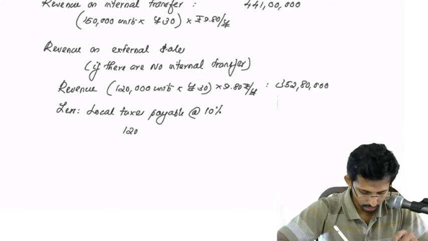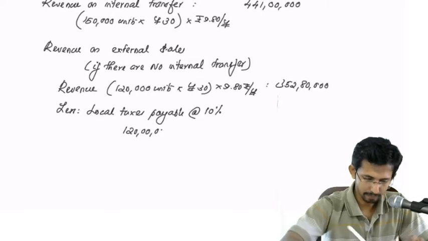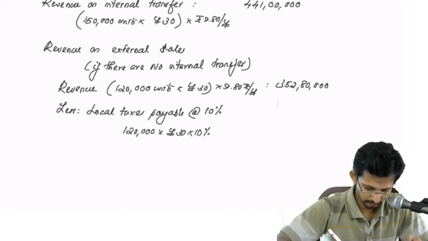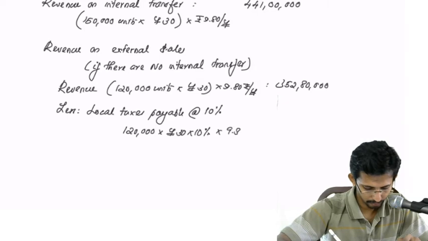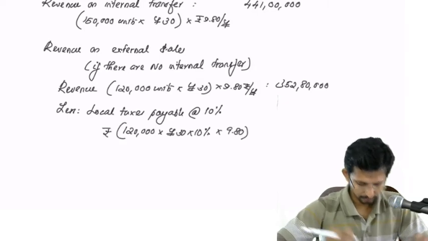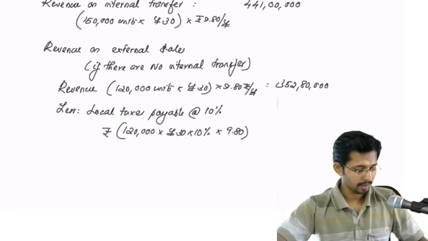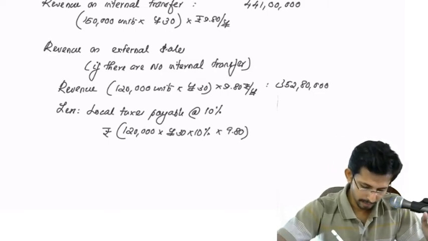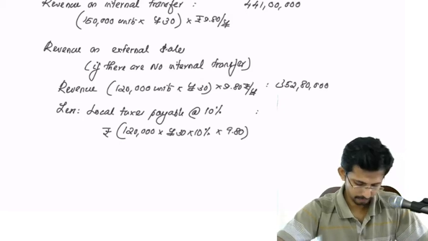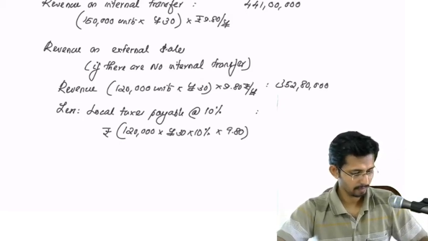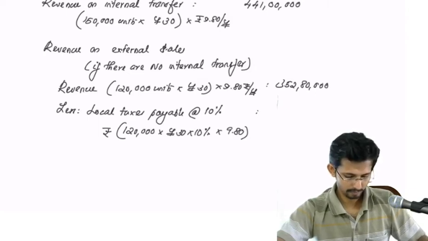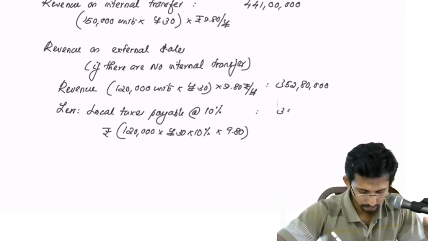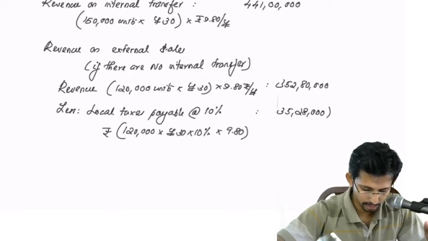So 1,20,000 into 30 into 10% into 9.8, that will be 35,28,000.